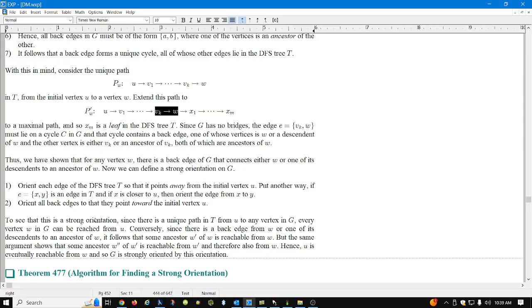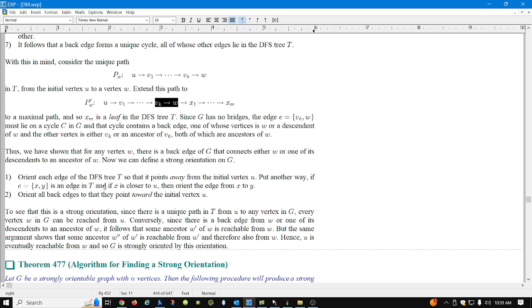This is a strong orientation because there's a unique path in T from U to any vertex in G. That's what a depth first search spanning tree does. So every vertex W in G can be reached from the initial vertex U. But that's one direction.